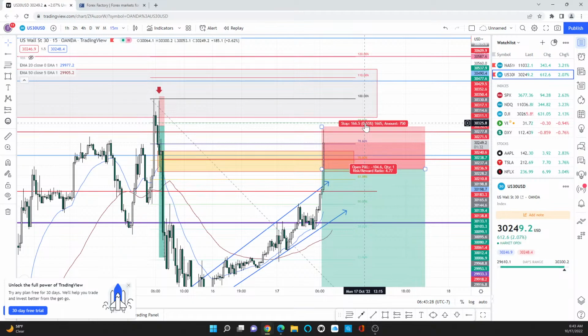It's a key area right here on the 1 minute. So let's see if it comes down.